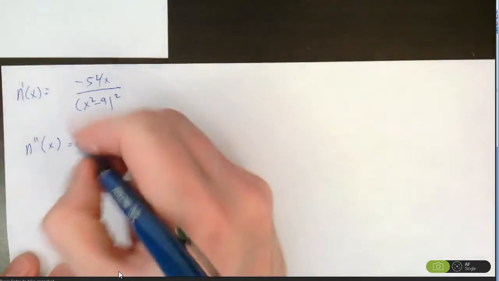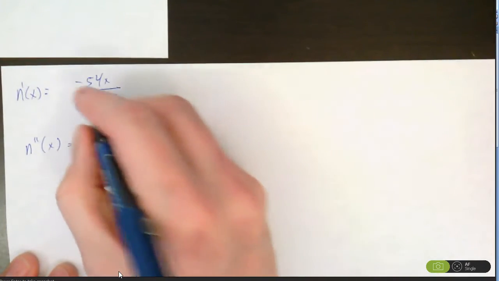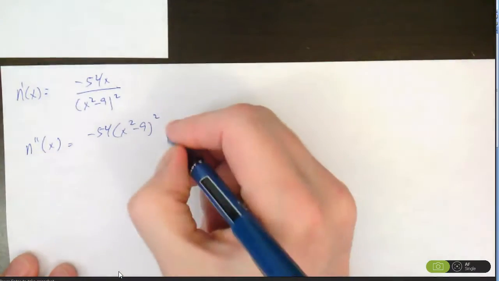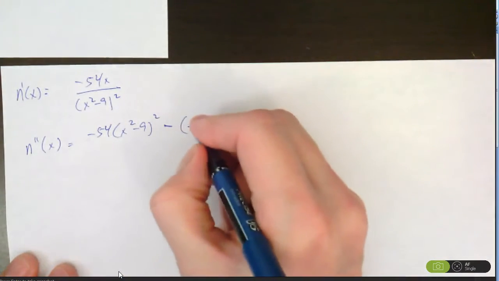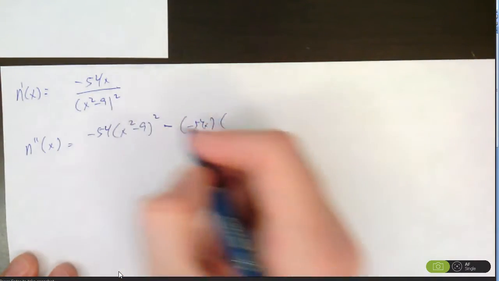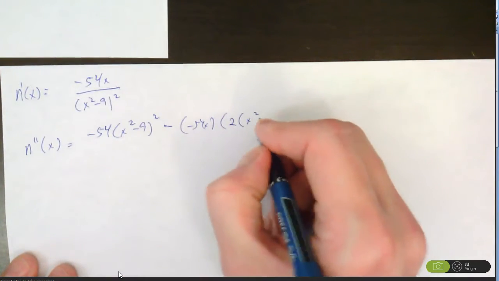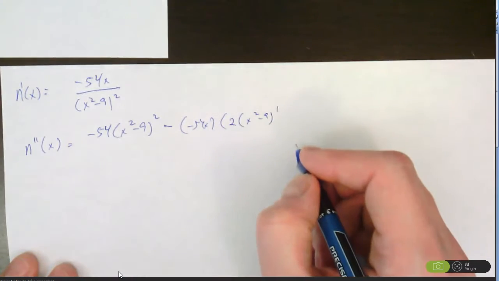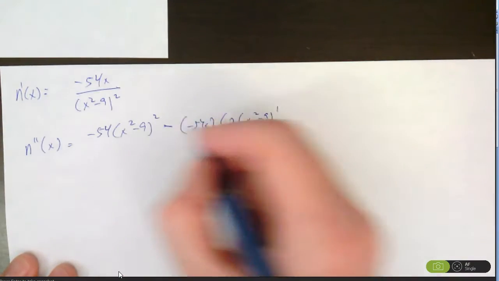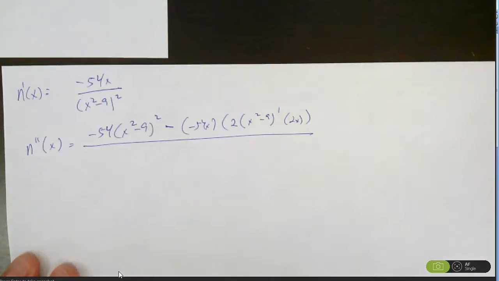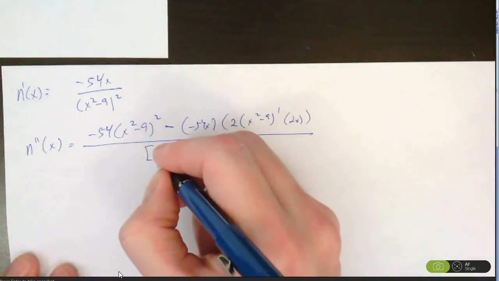Derivative of the numerator, negative 54, leave the denominator alone, x squared minus 9 squared, minus numerator left alone, times the derivative of the denominator. Well, that's going to be a chain rule, 2, bring that down to the front, x squared minus 9, subtract 1 from the exponent, 1, and then derivative of the inside, which in this case is 2x. And then we leave the denominator alone.